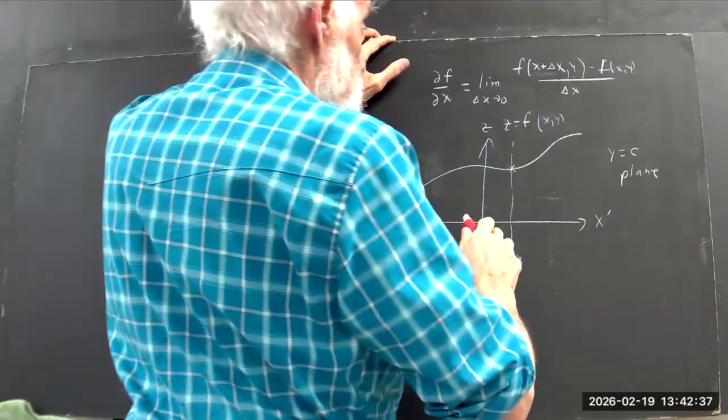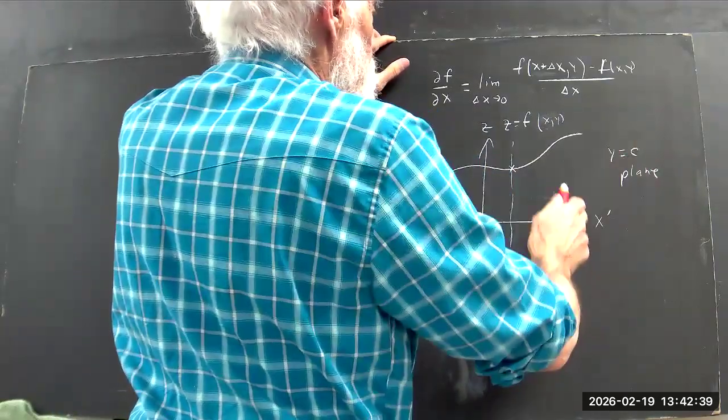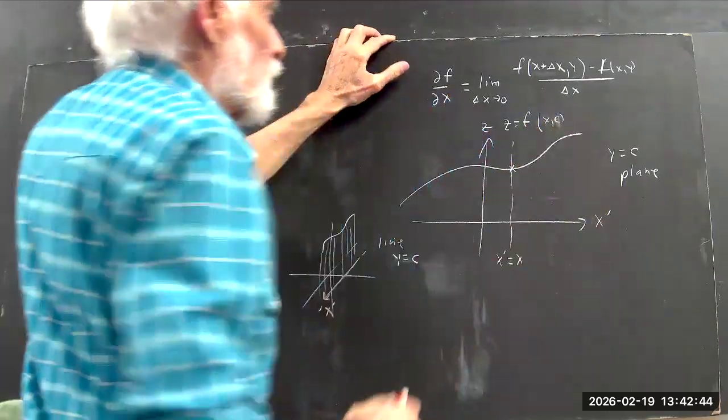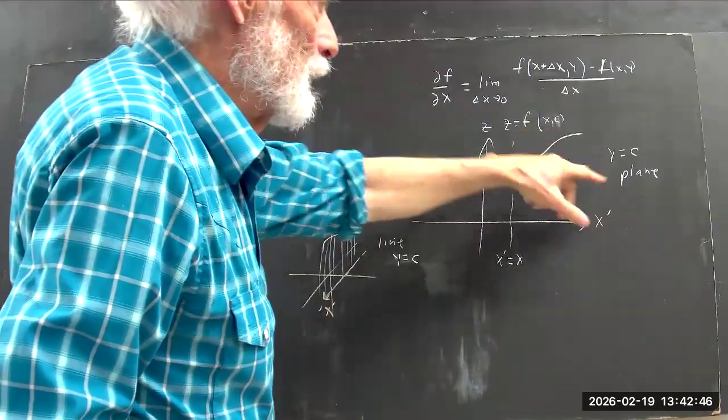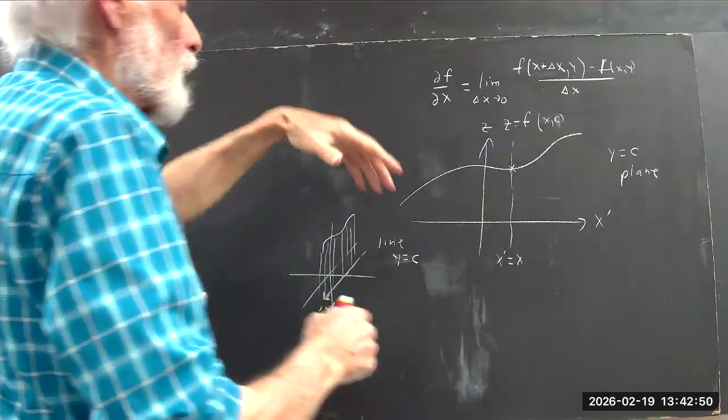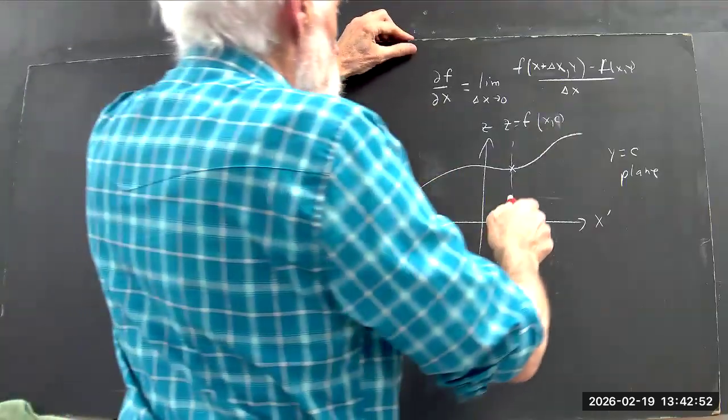If we're in the y equals C plane, then y equals C. So I can say this is f of x and whatever the value of y is, and we'll call that value C. It's not going to matter.